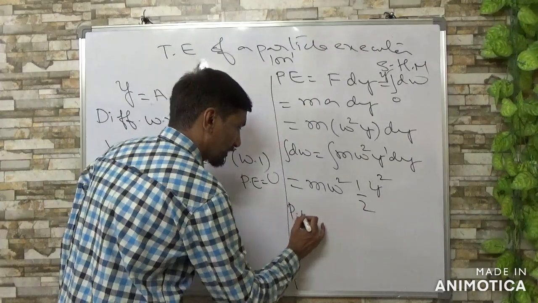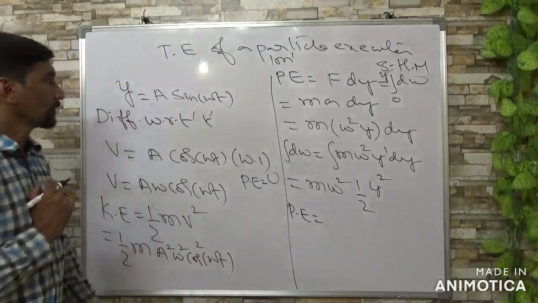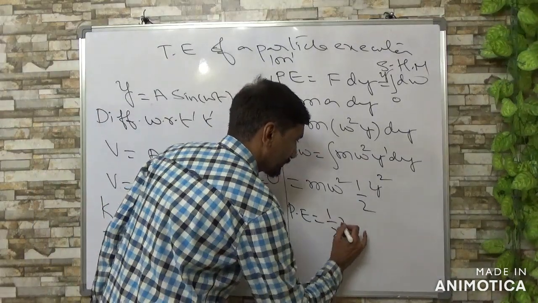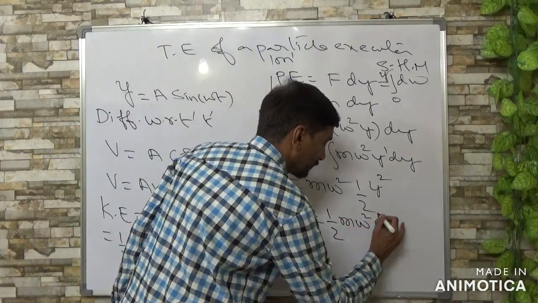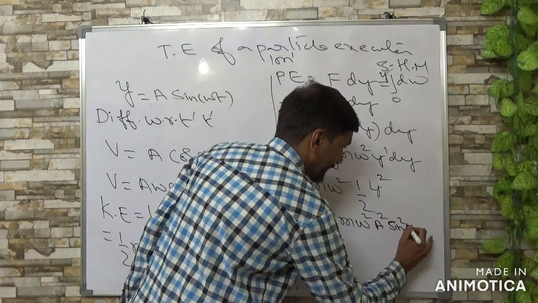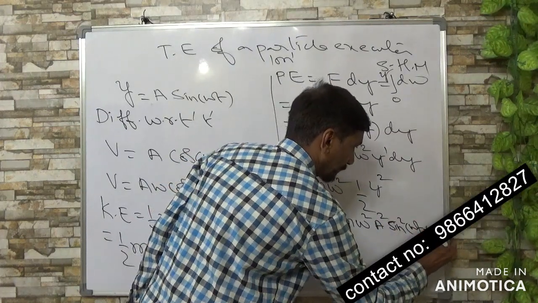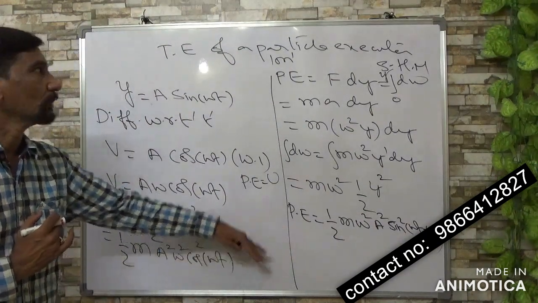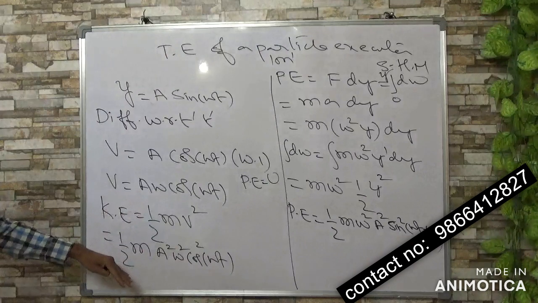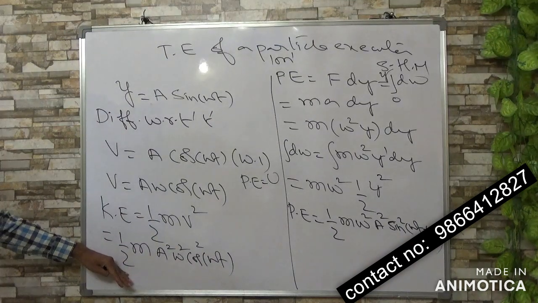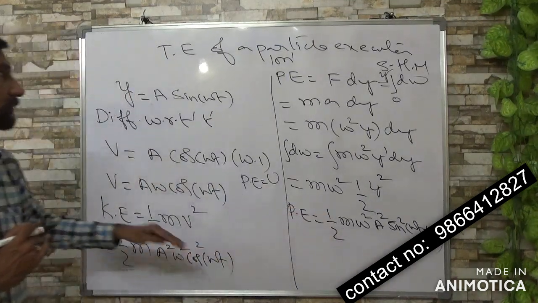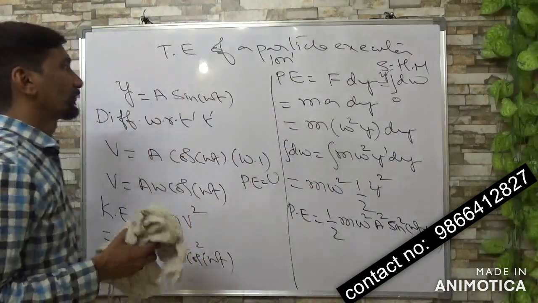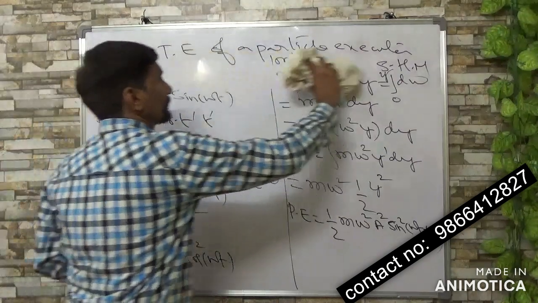Therefore potential energy is equal to half m omega square A square sin square(omega t plus pi). So this is the potential energy of the harmonic oscillator, and this is the kinetic energy of the harmonic oscillator. Now you want to find the total, the sum of kinetic and potential energy.